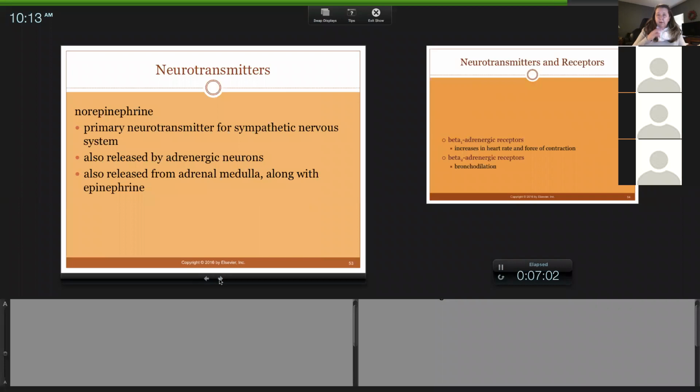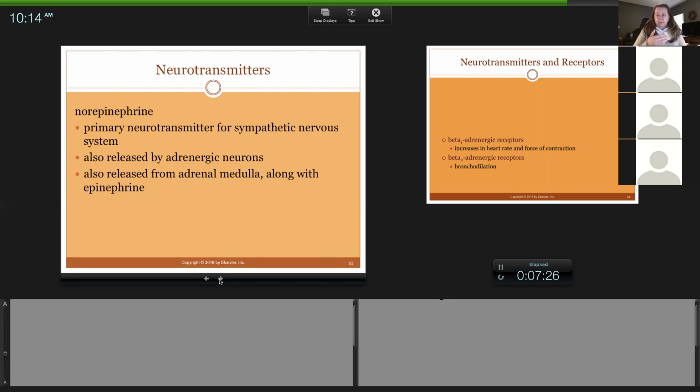Now, we've already said there are main neurotransmitters, and the neurotransmitters are basically what is released from the nervous system to tell the blood vessels to constrict, the bronchioles to dilate. So norepinephrine is the primary neurotransmitter for the sympathetic nervous system, okay?